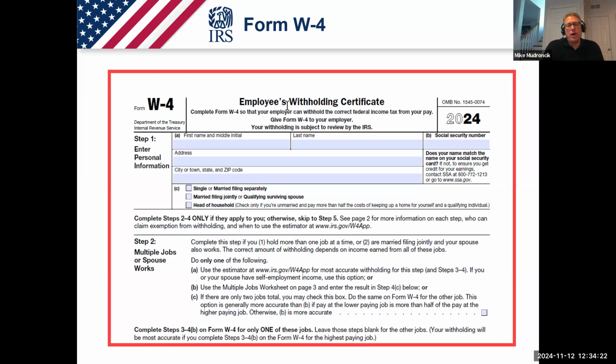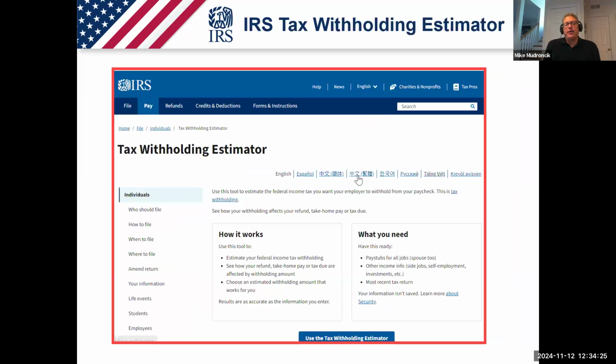Now, the IRS has a tool that you can point your employees to, which is this tax withholding estimator, and it can help them determine the amount of federal income tax withholding that they should identify for you as the employer. The tax withholding estimator is particularly useful, for example, if an individual is your employee, but they also have side jobs, say they're a carpenter and they make money on the side as a carpenter.